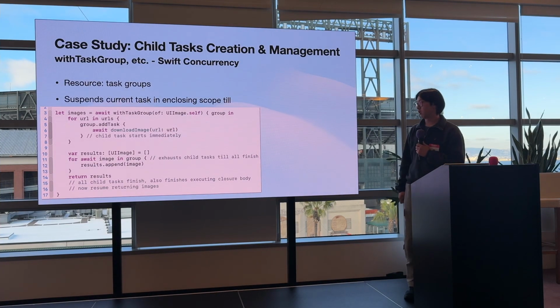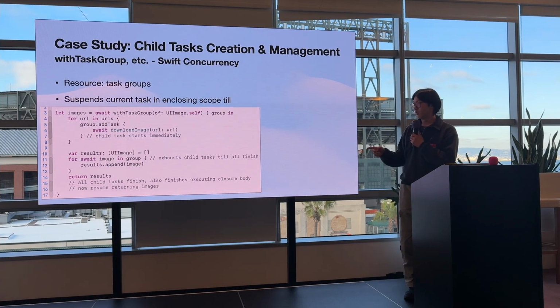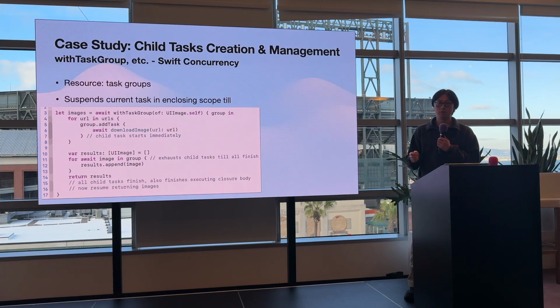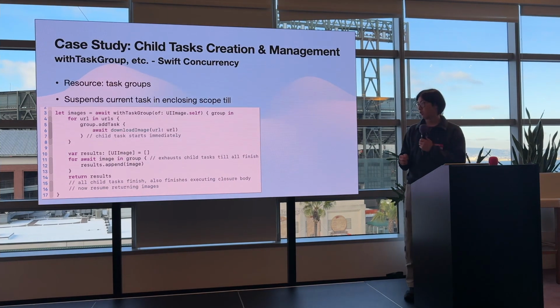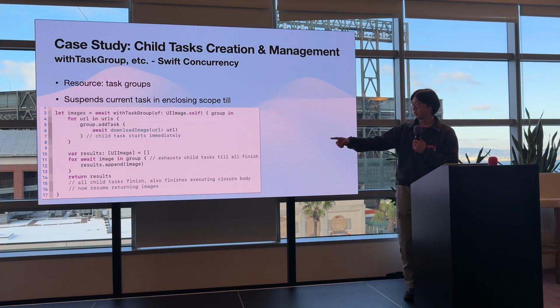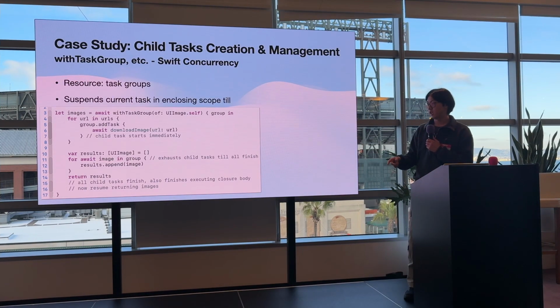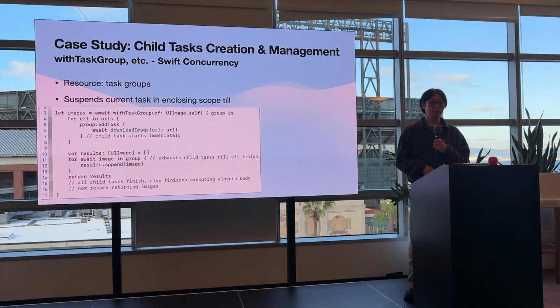The good thing here is that by using the for await loop, you exhaust all the child tasks till all of them finish. By the time you hit line 14, you can be guaranteed that all child tasks have indeed finished, and you also arrive at the end of your closure.